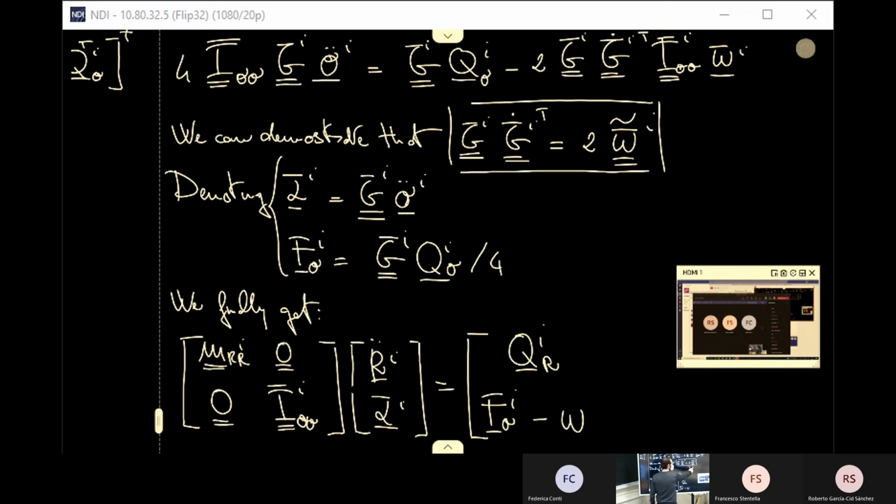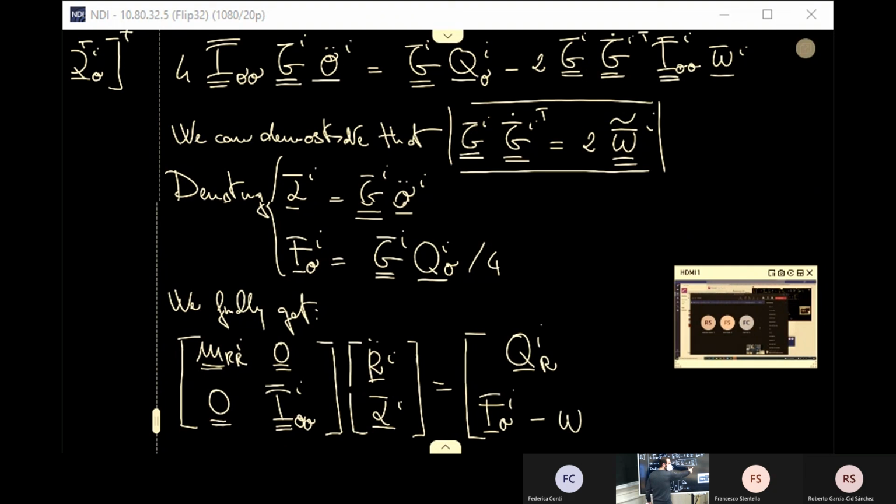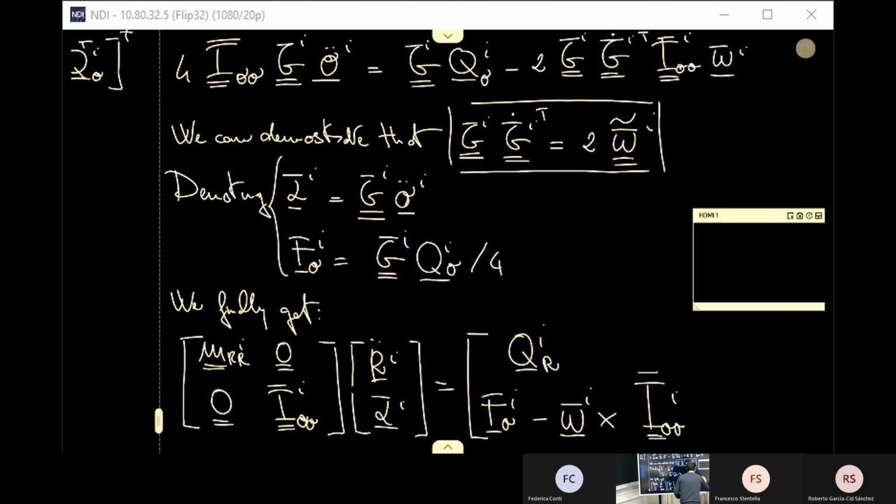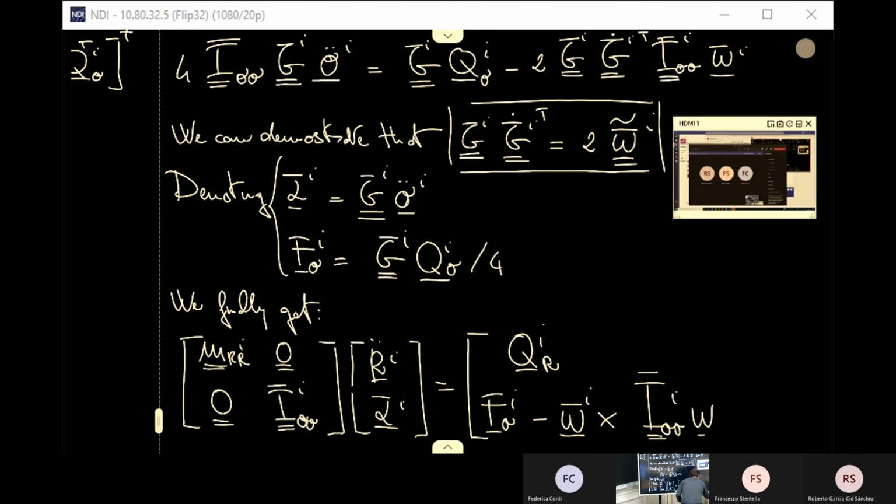We have been using, you remember, that when we introduce the Q matrix it is always because we want to denote a vector product. So we can basically restore it. And that's it.